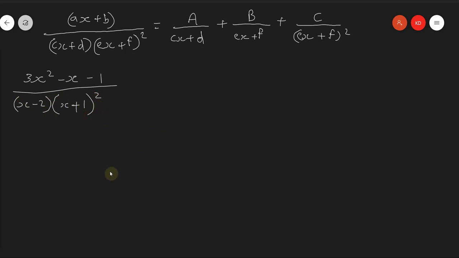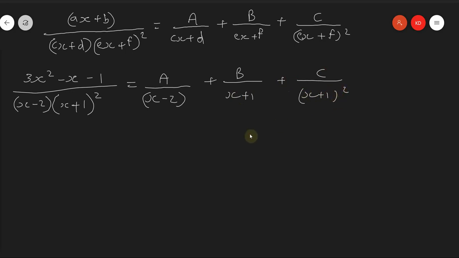Good. Why is my pen lagging still? Alright, so based on what we have up there, our answer should look something like this. x minus 2 over, not over, plus b over x plus 1 plus c over x plus 1 all squared.